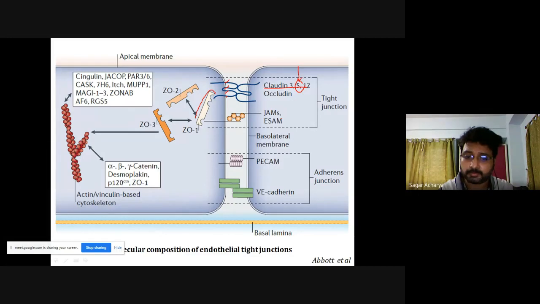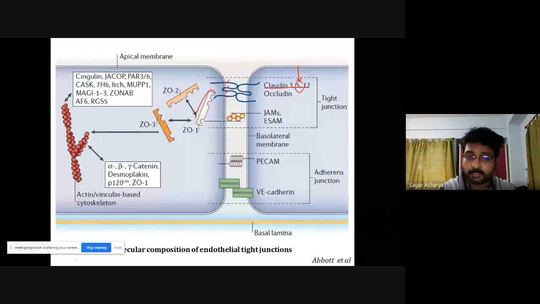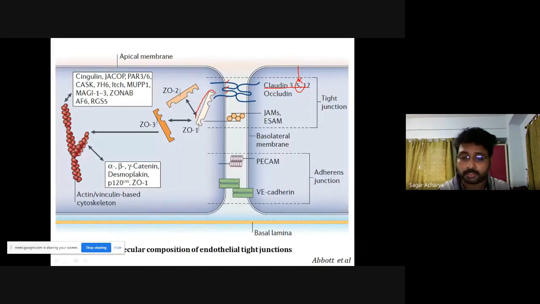In the case of claudin, there is a long debated 3 and 1, and the major ones are 5 and 12. And claudins are essential for this paracellular barrier formation.